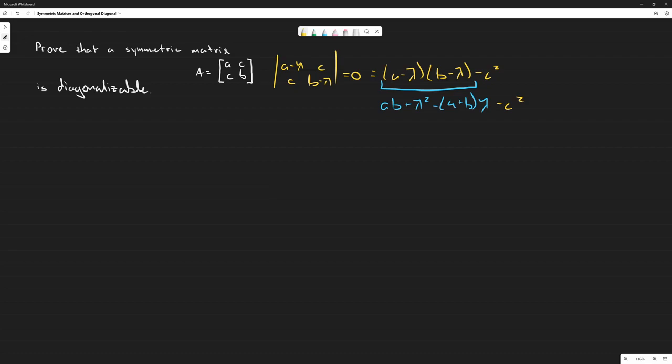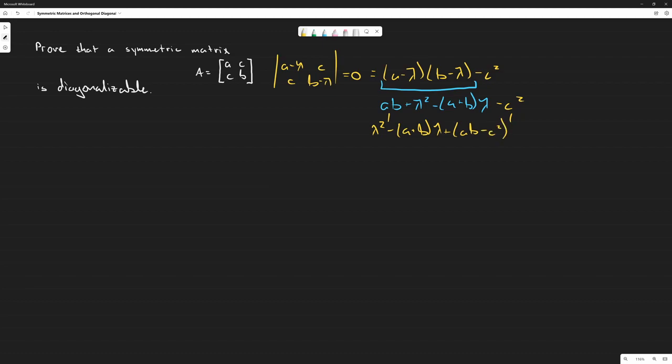Now I'm going to combine the like terms, which means putting the ab and the c squared together. So we end up with an equation like this: lambda squared minus (a plus b) times lambda, plus (ab minus c squared).